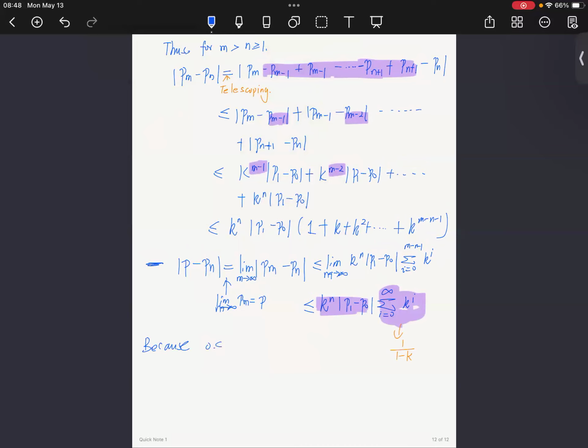And actually you have this because k is a positive number, and it's smaller than 1, and hence this is a geometric series. From the calculus class knowledge, you already know that this geometric series converges to 1 over 1 minus k.